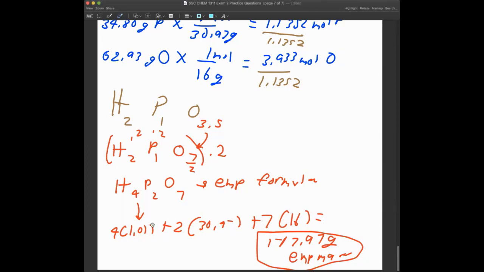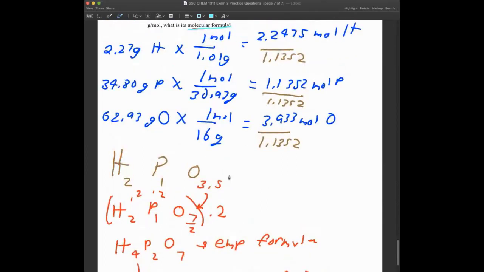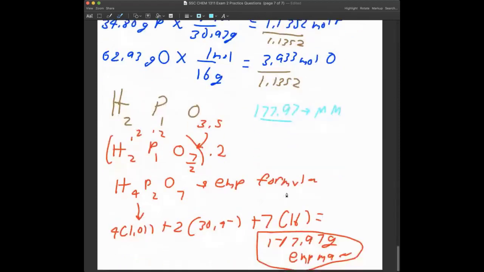Isn't it the same? Perfect. So in this case, notice how you want to do the molar mass, which is given in the problem, and then we have this number, which we found down here. So this is another situation in which the molar mass is the same as the empirical formula mass.